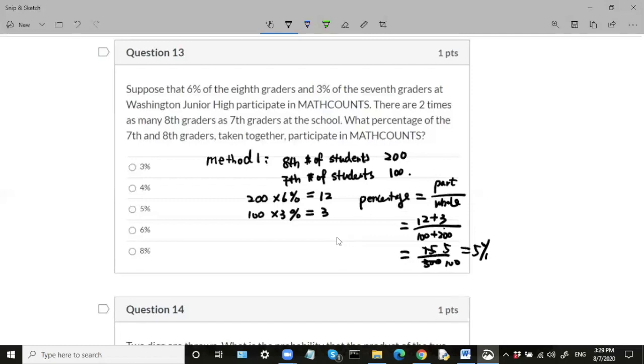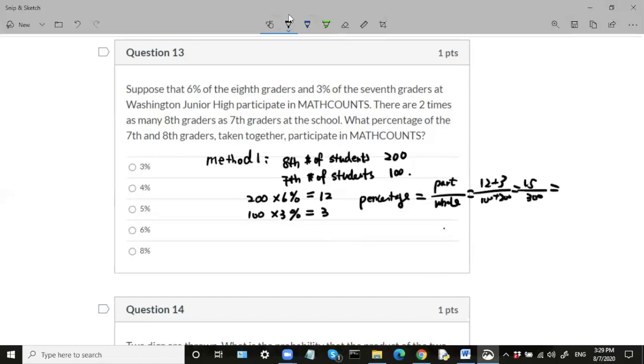So the answer is 5%. That's method 1: 12 plus 3 over 100 plus 200 equals 15 over 300 equals 5%.